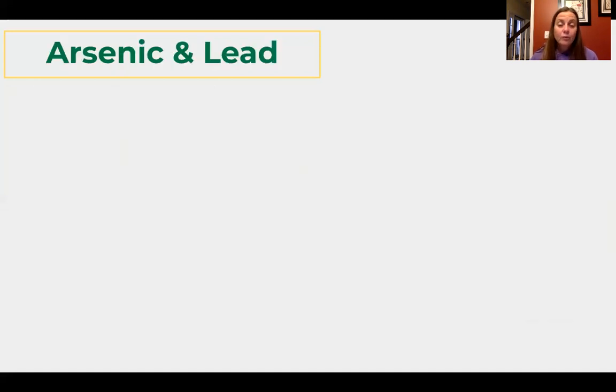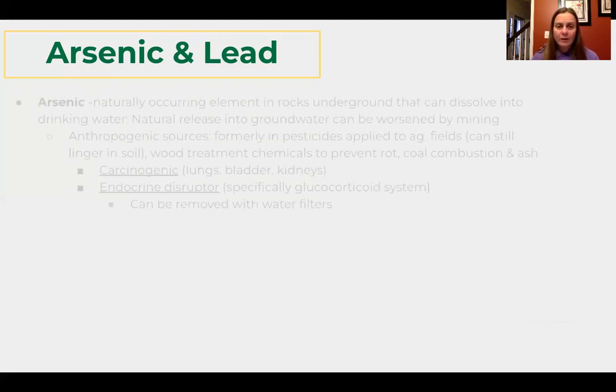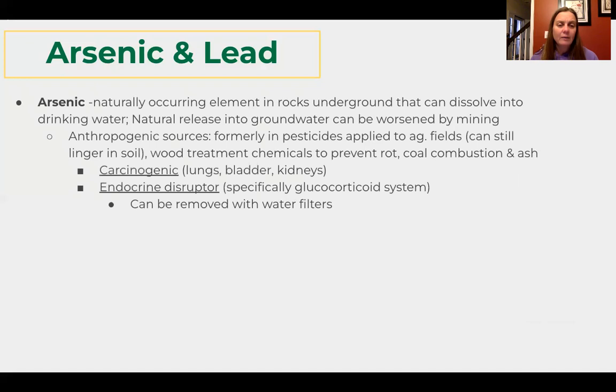All right, two more heavy metals that you've heard of before. We touched briefly on arsenic when we talked about air pollution. We talked significantly about lead when we talked about air pollution, so we'll go back to that one as well. So arsenic is actually a naturally occurring element. It is also a poison, but it occurs in rocks. Those can dissolve into drinking water.